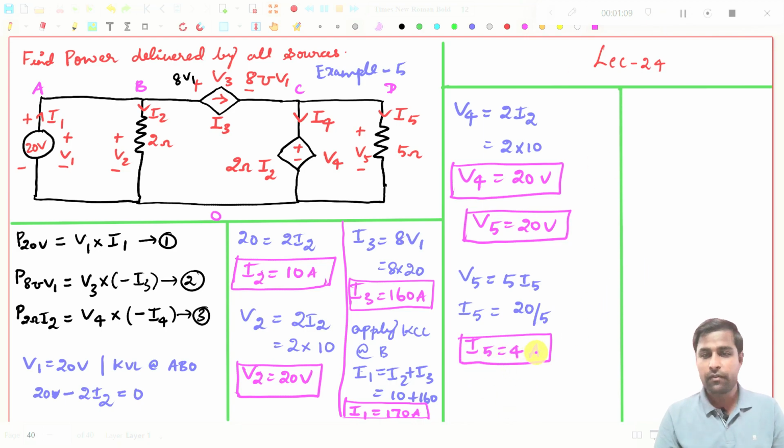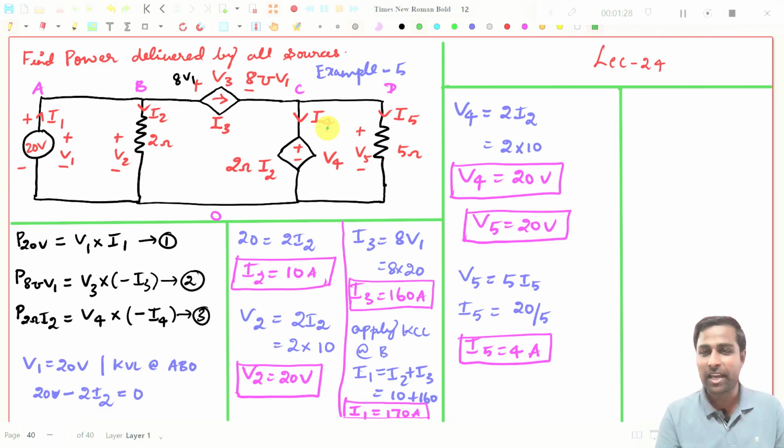So we have found I5. Now you see, you know what is I3 and you know what is I5. So you need to find I4. Very simple. How? See, I can apply KCL at point C.